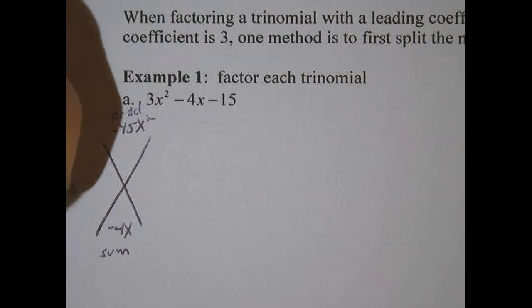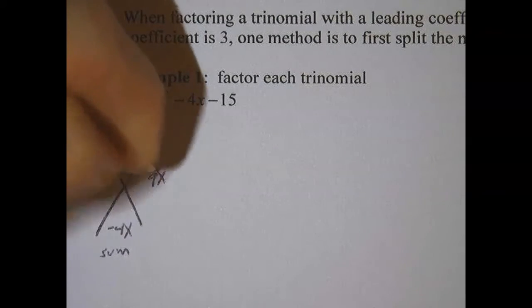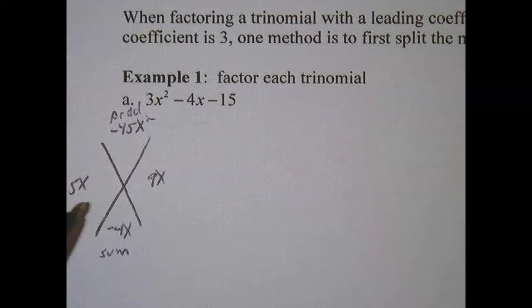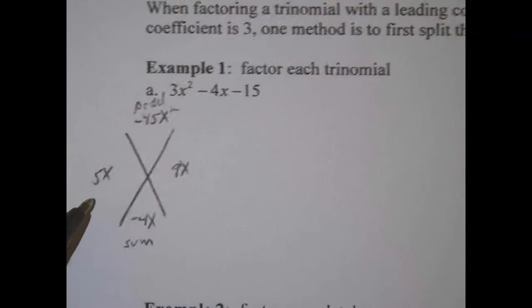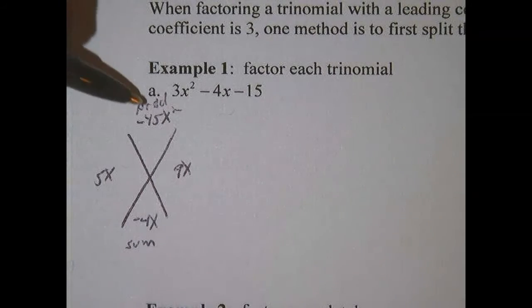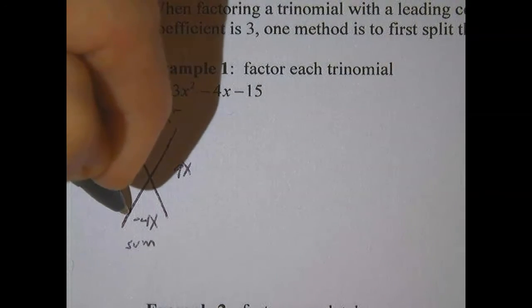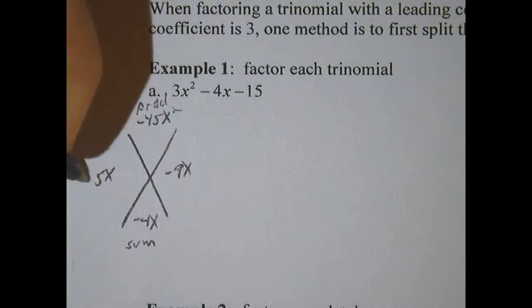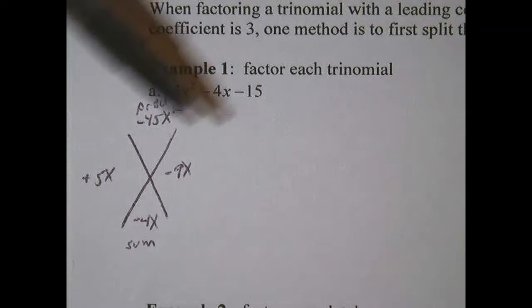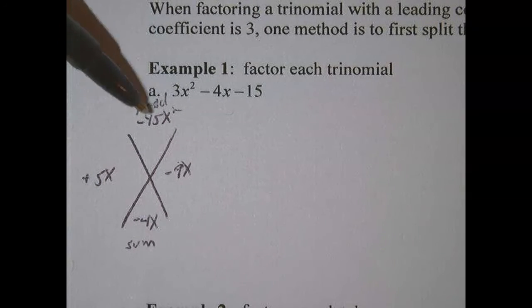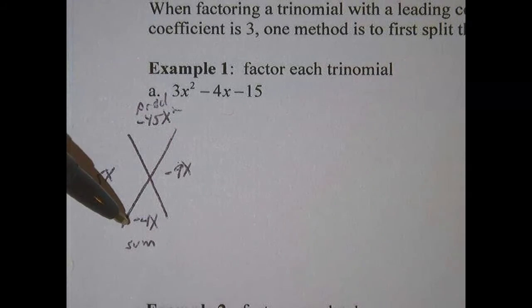So we have 5x times 9x, and I chose that because the difference between these two is 4x. And so I can pay attention to the details of the positives and negatives to get this to be a product of -45 by making the larger number here negative and the smaller number positive. Now the product is -45x squared, and the sum of these two is my -4x.